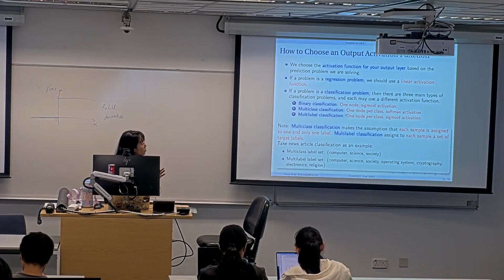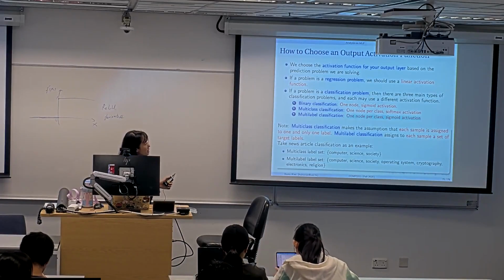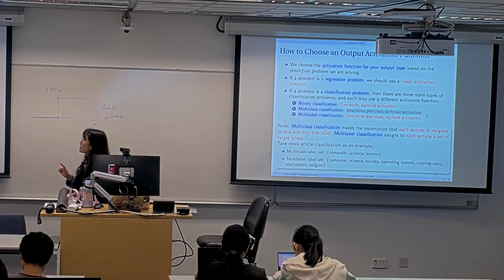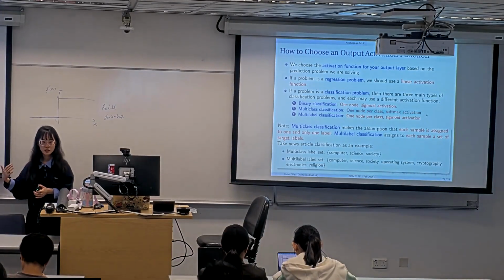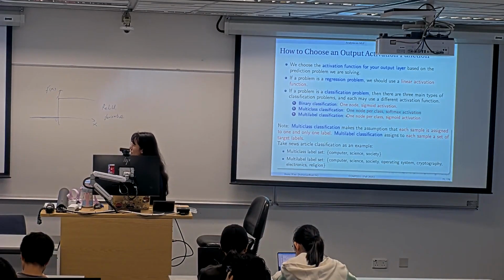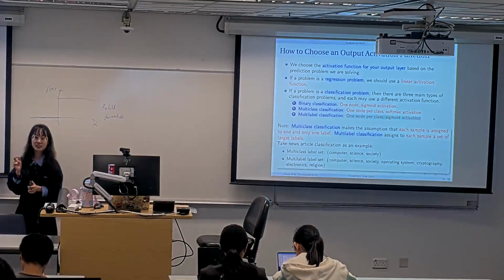And actually that's why for multi-label classification, we use the sigmoid activation function. For multi-class, if we use softmax, then the prediction is that we directly assign the class with the highest probability to be the prediction. But for multi-label, we use sigmoid. Then we decide a threshold. Usually the threshold is 0.5.